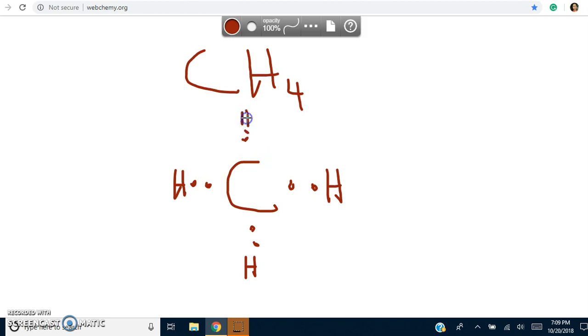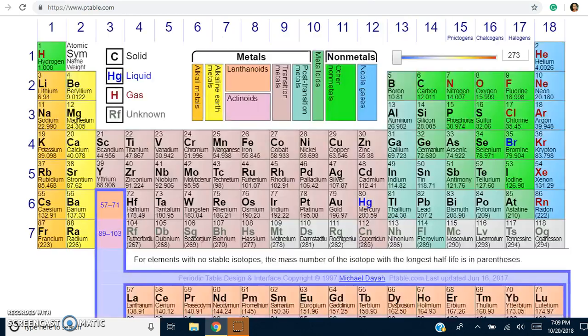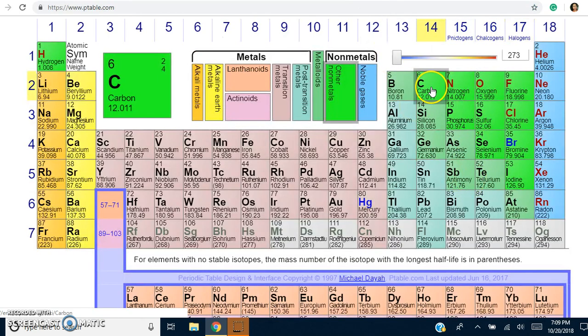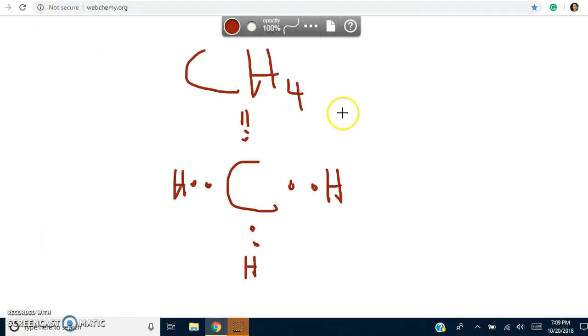So C is a non-metal, and H, which is in 1A, is actually a non-metal. When a non-metal and a non-metal bond together, they form a covalent bond, which means they are sharing electrons. So these 2 electrons are going to bond together and share electrons.